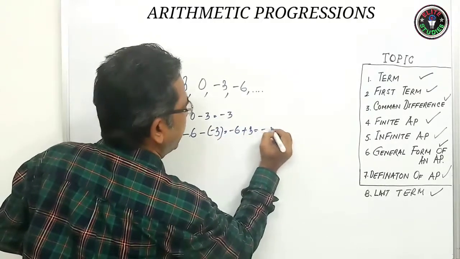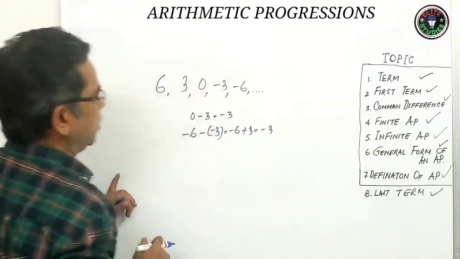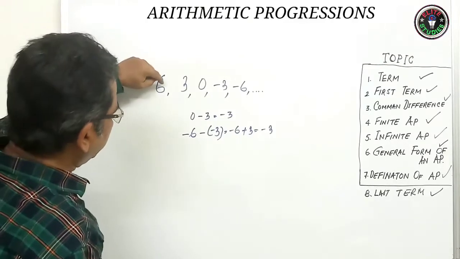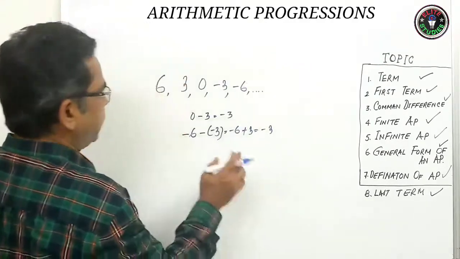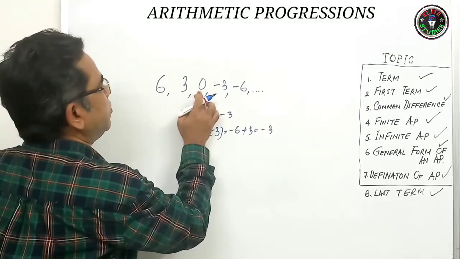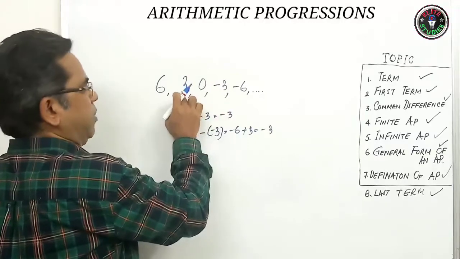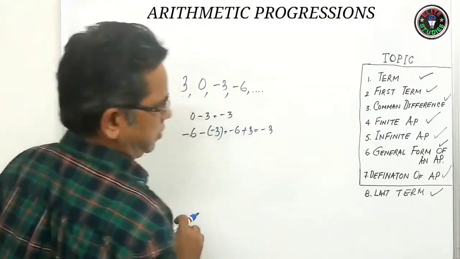It will be minus 3. You see, so this is called the common difference. The fixed number which we add to each number to get the succeeding one. Or you can say each term is obtained by adding a fixed number to the preceding number. So that fixed number is called the common difference.